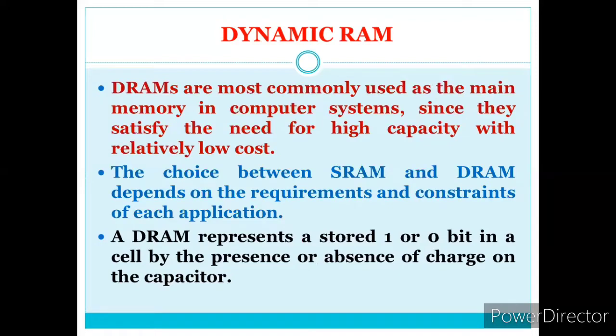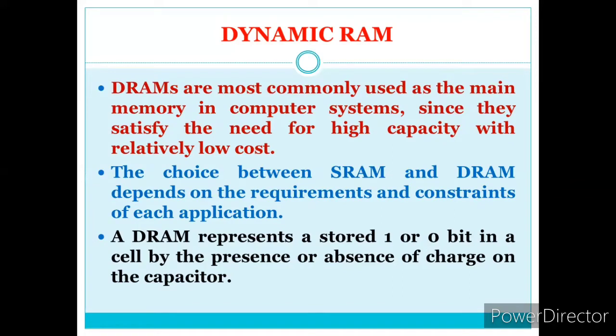The hard disk or memories are specified with capacities of gigabytes or terabytes, so the memory has to be dense, and the cost should also be low. The choice between the SRAM and DRAM depends upon the requirement specification of the user. Depending upon the user requirement, whether static RAM or dynamic RAM is to be used will be decided by the user.